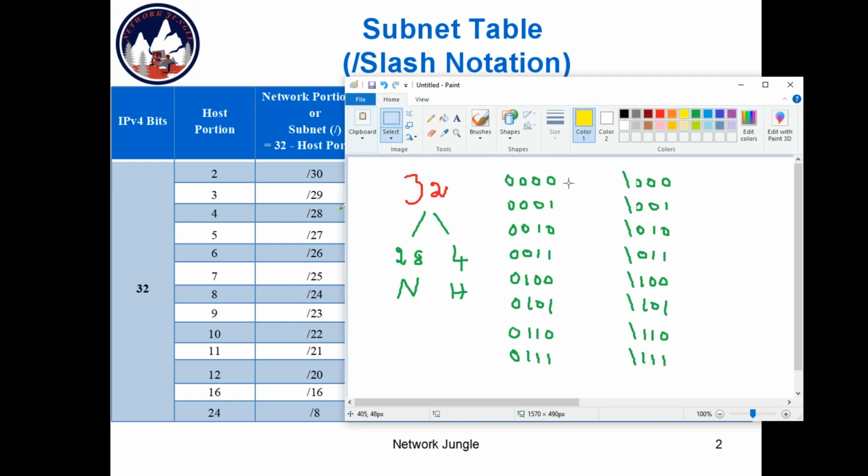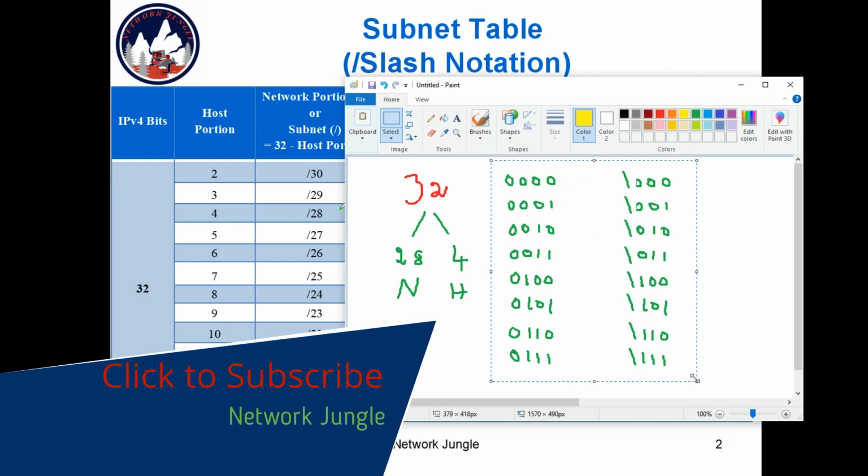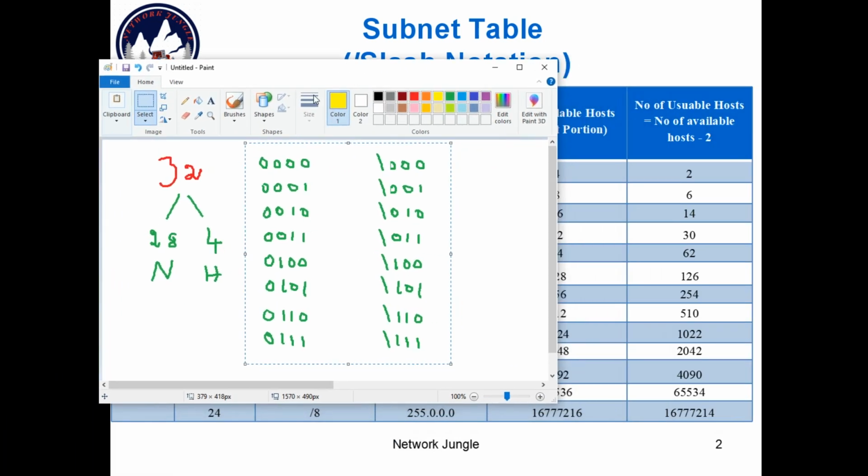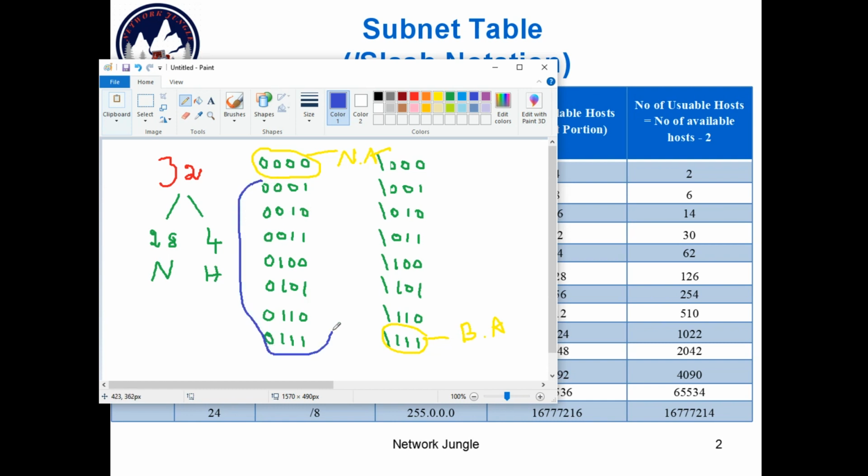Here 1, 2, 3, 4, 5, 6, 7, 8, so 8 plus 8, there are 16 combinations for the 4-bit host portion. The first belongs to the network address, the last belongs to the broadcast address, and the remaining can be used as valid IP addresses for network devices.